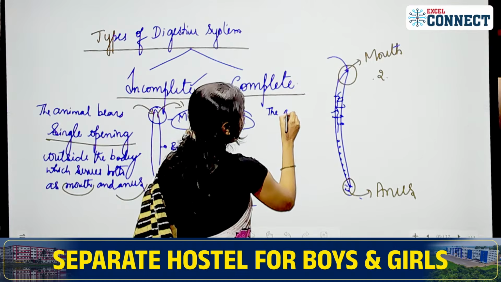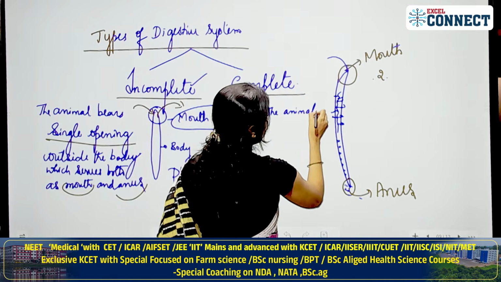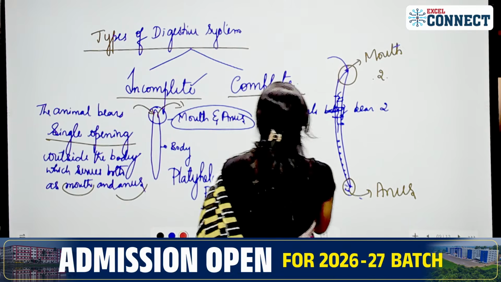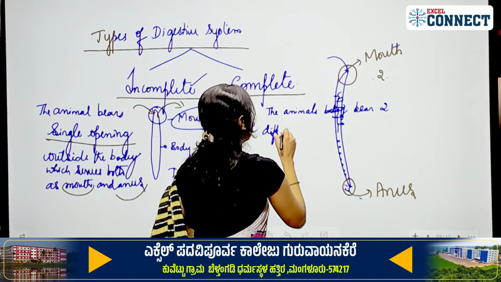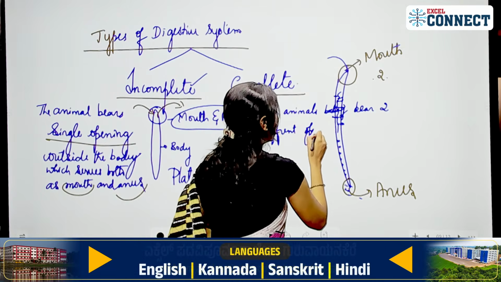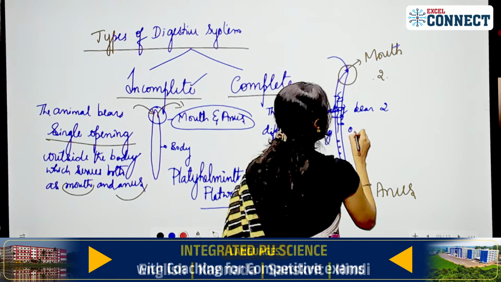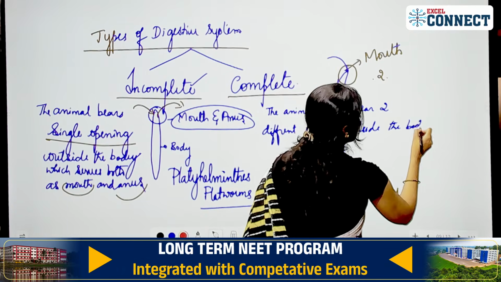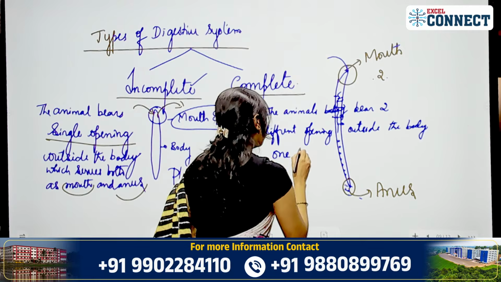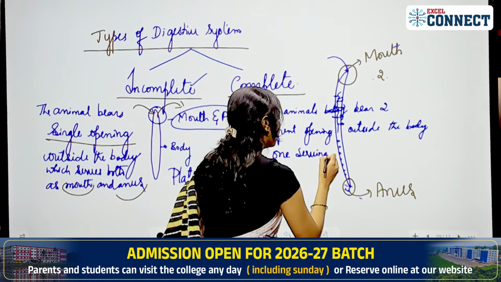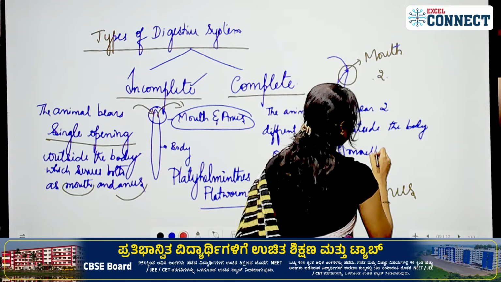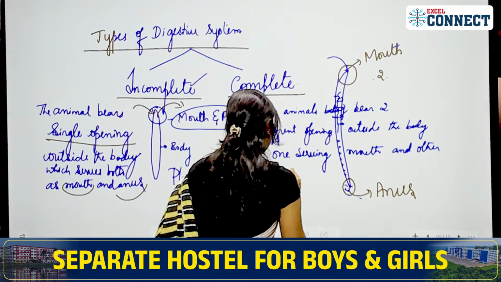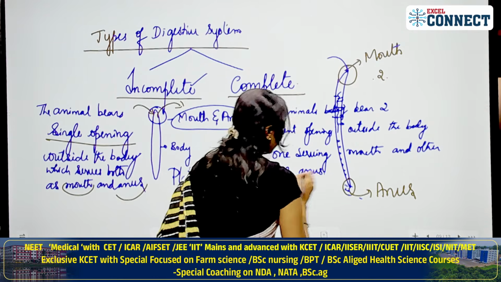The animal's body bears two different openings outside the body, one serving as mouth and the other as anus.